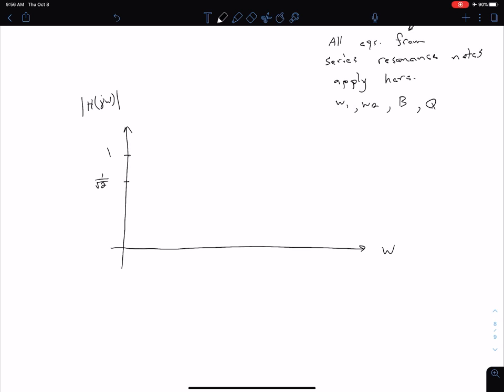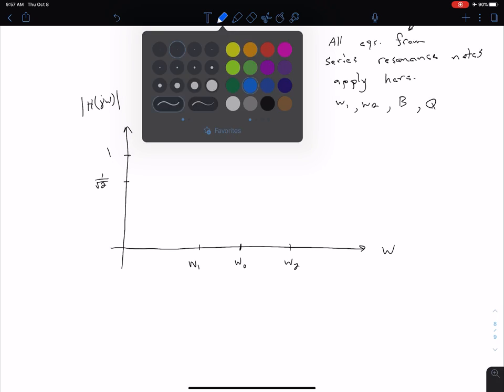We're going to have 3 key frequencies: our omega naught, which is our center frequency, our omega 1, and our omega 2. Remember, as we said before for series resonance, omega naught is the geometric mean of omega 1 and omega 2.